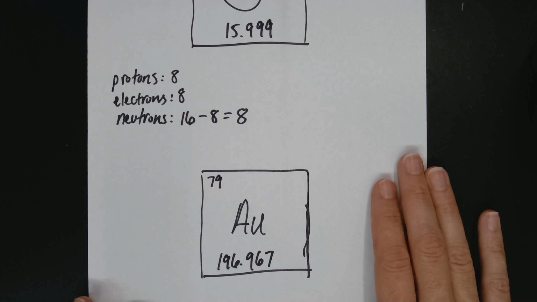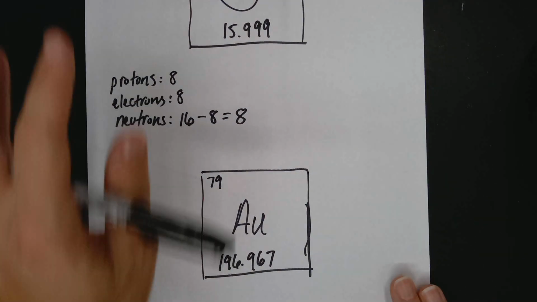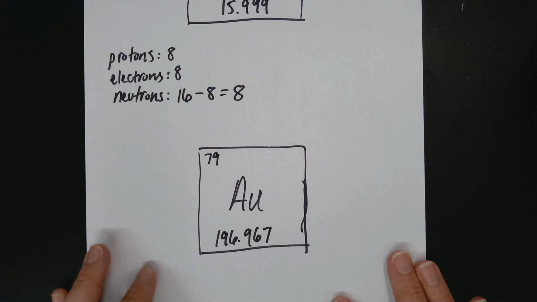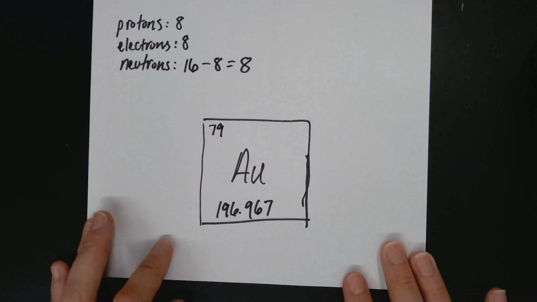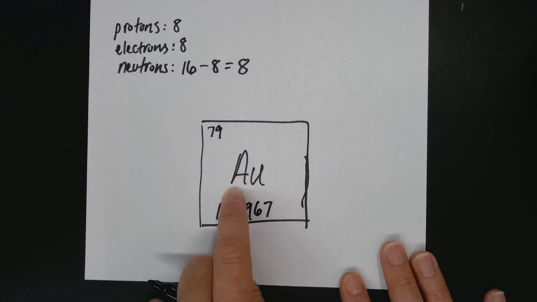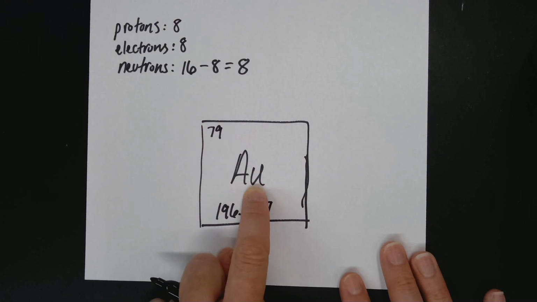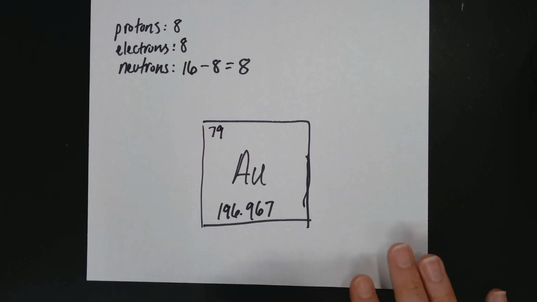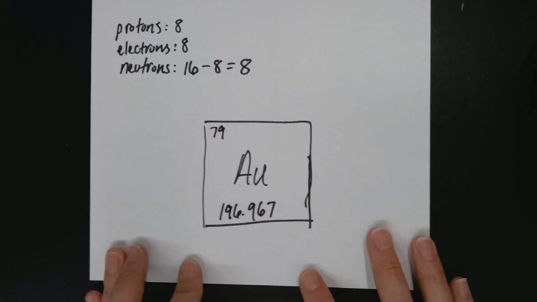Okay, so the chemical symbol for gold is Au. Notice how when I wrote it, the second letter is lowercase. That's going to be really important. If you look at the periodic table, a capital U is uranium. So this would get really confusing if we don't use our capitals and lower cases.